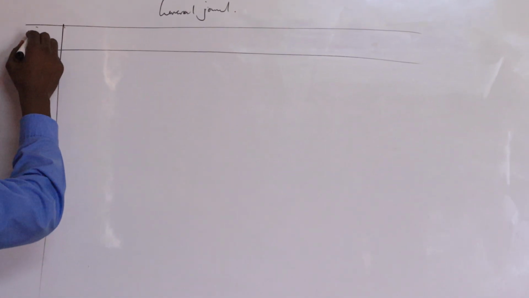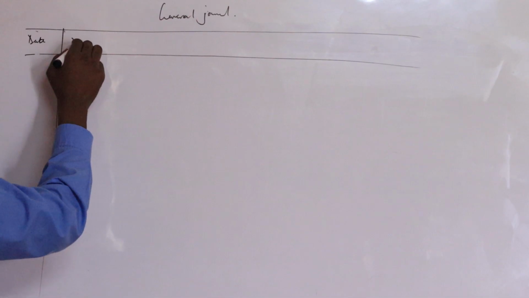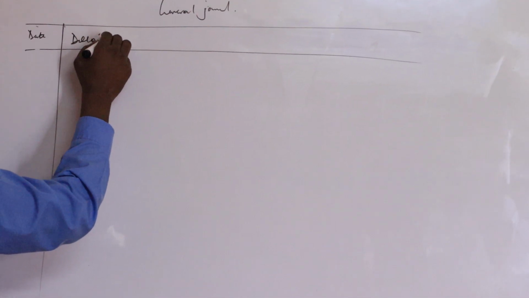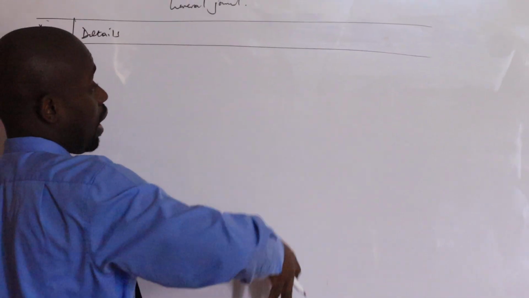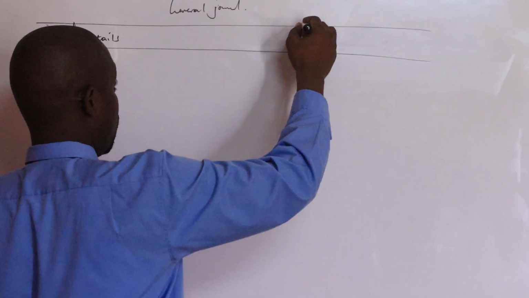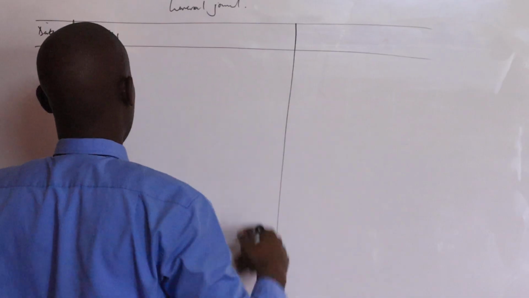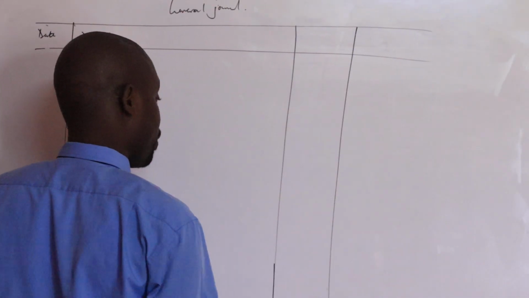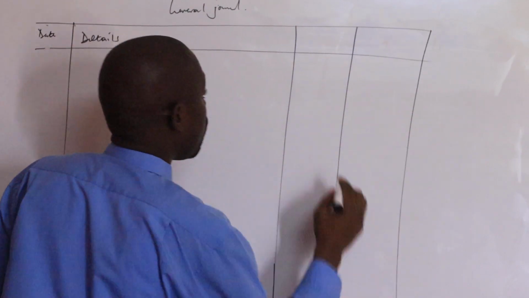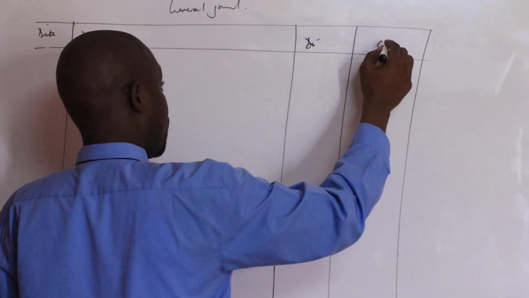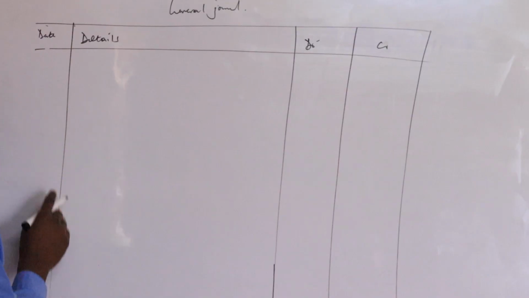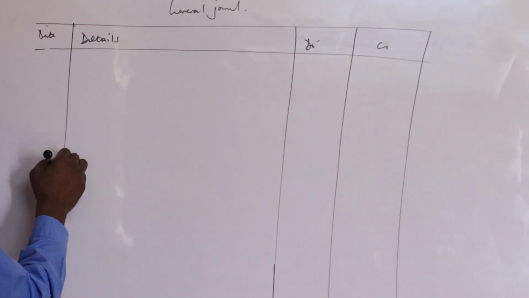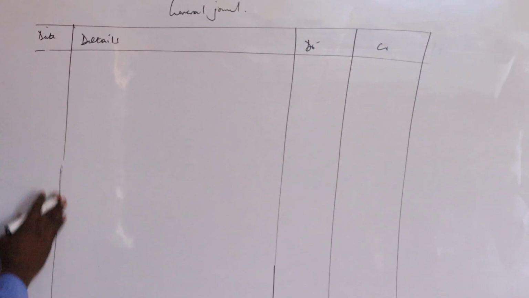We'll have the dates, we'll have the details. After that, we'll have the debit and the credit columns. This space is for the narrations on the transaction. No need for the folio, just these columns are important. Don't feature folio here.